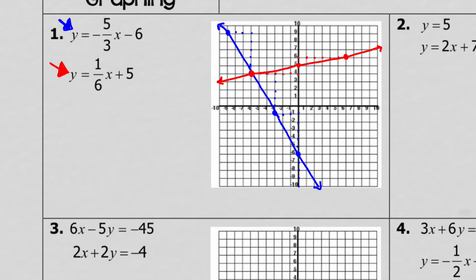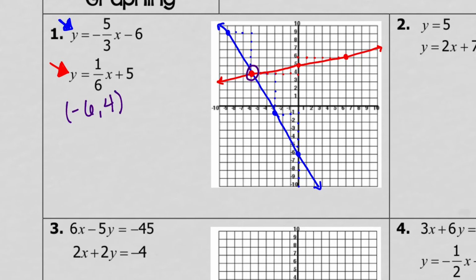Okay, where do my two lines intersect? I know mine is kind of funky looking, the red one is. But where do my two lines intersect? What's the coordinate? Negative 6, 4. So this point right here.